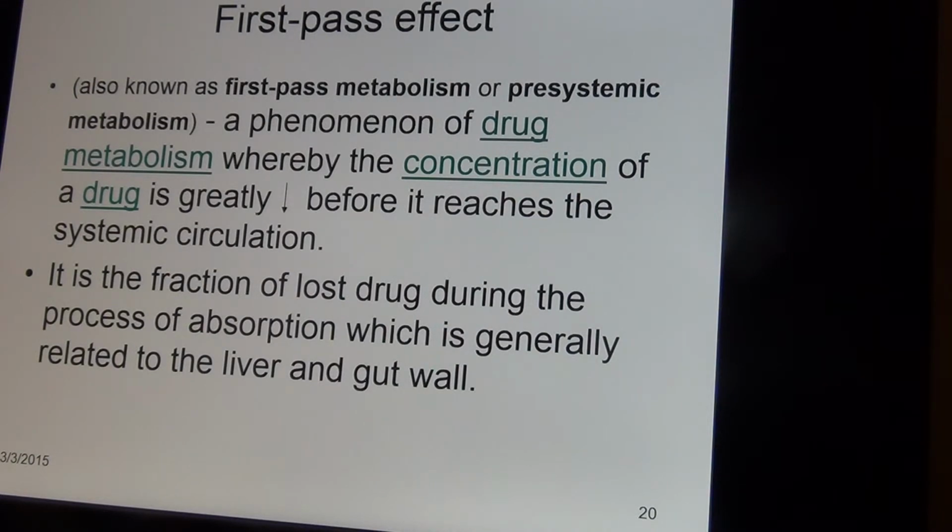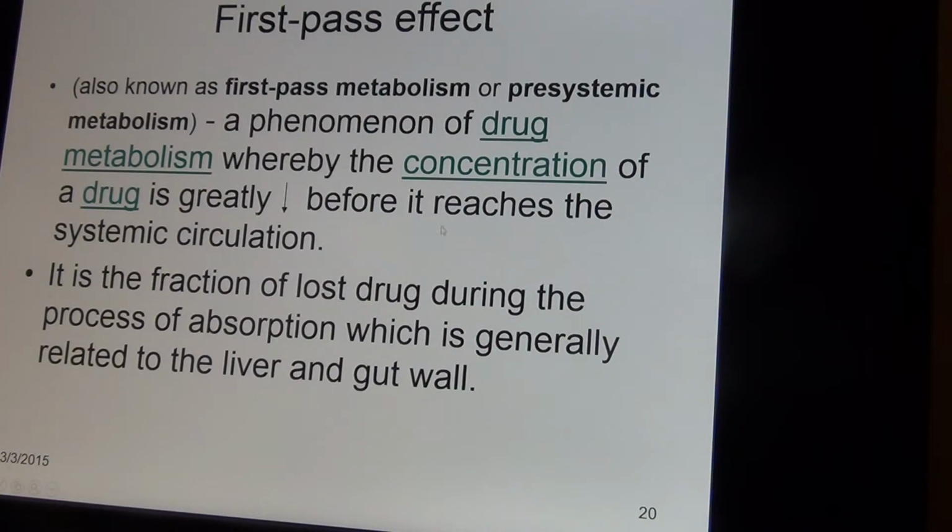Now we'll talk about the first pass effect. It's also known as first pass metabolism or pre-systemic metabolism. It's a phenomenon of drug metabolism whereby the concentration of a drug is greatly reduced before it reaches the systemic circulation.